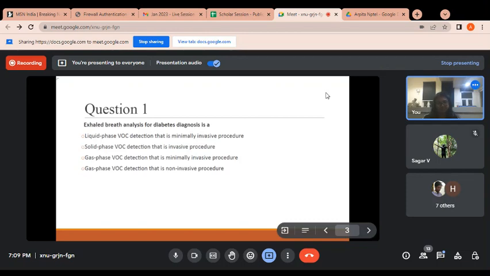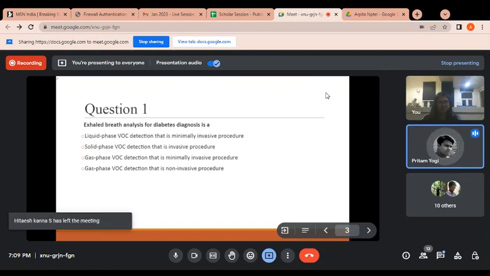Sashi Bhushan? Invasive means we are inserting some tool inside the body, and non-invasive means we are taking the measurement outside the body.